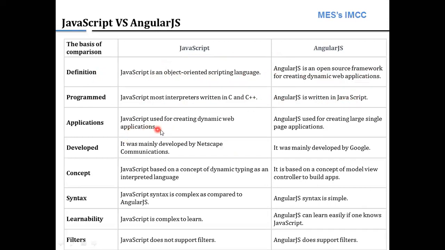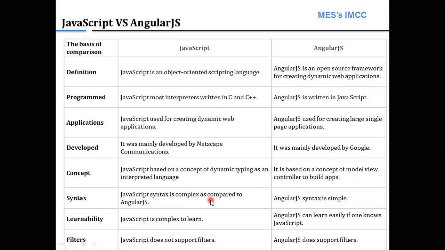JavaScript is used for creating dynamic web applications, whereas AngularJS is used for creating dynamic web applications as well as single page applications. JavaScript was mainly developed by Netscape Communications, and AngularJS was mainly developed by Google. Concept: JavaScript is based on the concept of dynamic typing as an interpreted language. AngularJS is based on the concept of model view controller to build the apps.